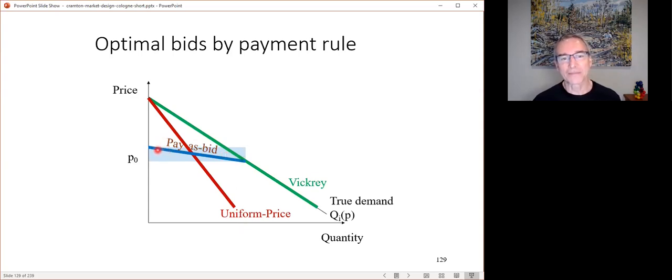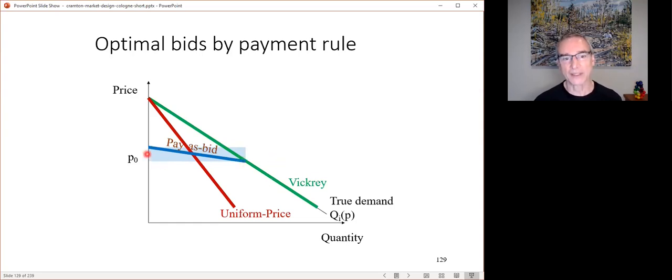Now, in pay as bid, the incentives are further different. I like to think of the pay as bid auction as guess the clearing price, because what you want to do is estimate what the clearing price is going to be, and then bid as close to the clearing price as possible for the quantity up to your true demand.